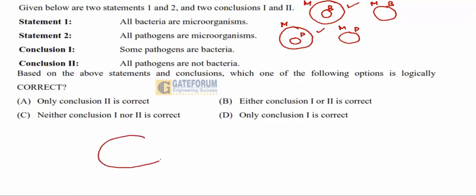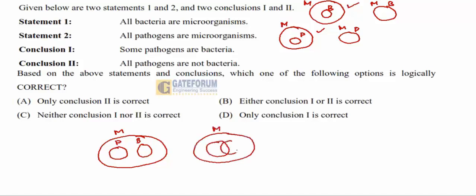One thing that can result is this is the microorganisms, this is pathogens and this is bacteria. This can very well be the result. The second case is that these are microorganisms, these are pathogens and these are bacteria.